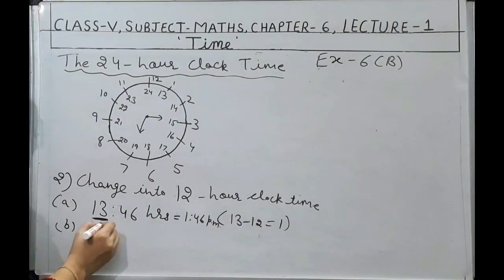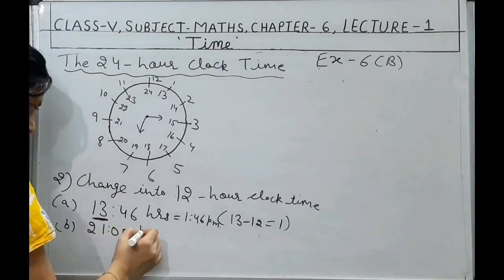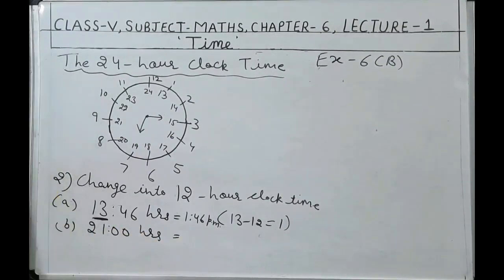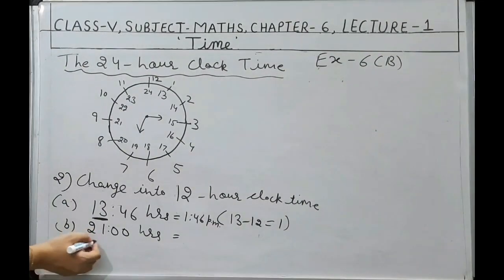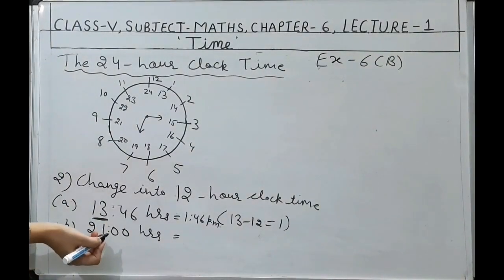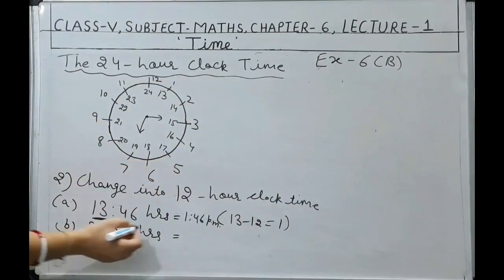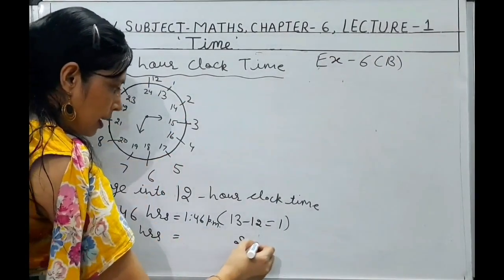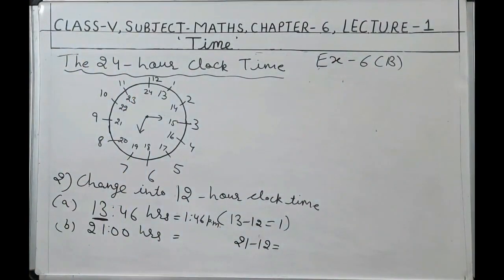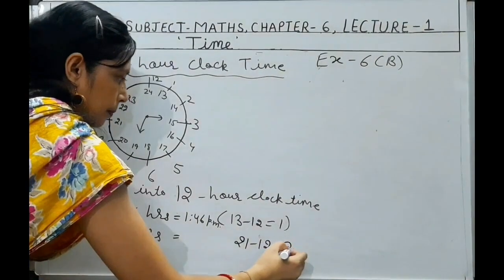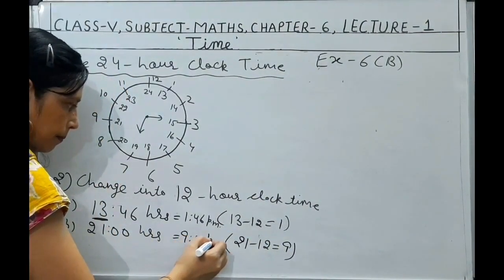Next is 2100 hours. 21. It goes beyond 12, 1200 hours is AM time. After that PM time. So 21 minus 12 will be 9. So 9 PM.